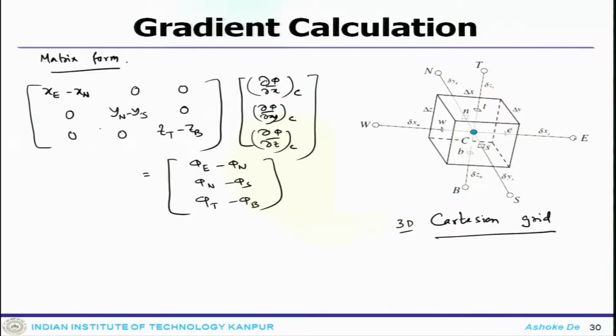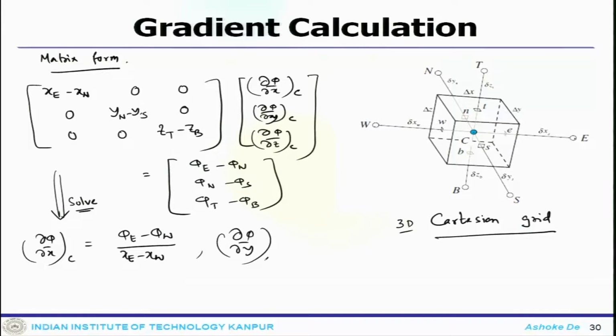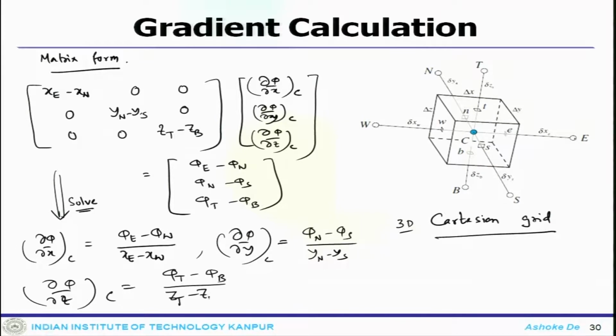Okay. If you solve this above equation, what you get is del phi by del x at c is phi e minus phi w divided by x e minus x w, and del phi by del y at c is phi n minus phi s divided by y n minus y s, and similarly del phi by del z at c is phi t minus phi b divided by z t minus z b.